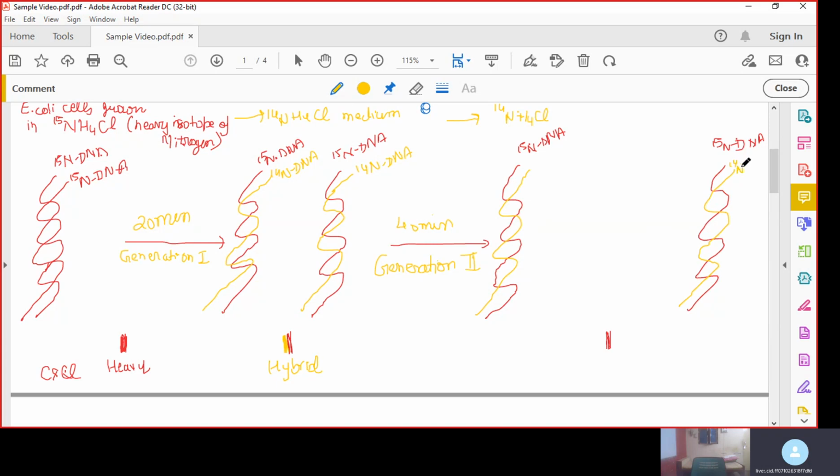I hope you are paying attention to the diagram, whatever I am drawing step by step. You see this is 14N nitrogen, and 2 more strands were synthesized.